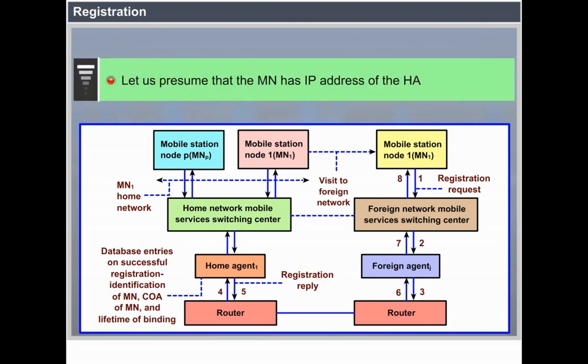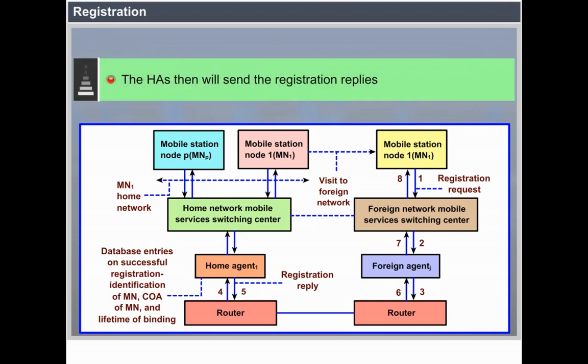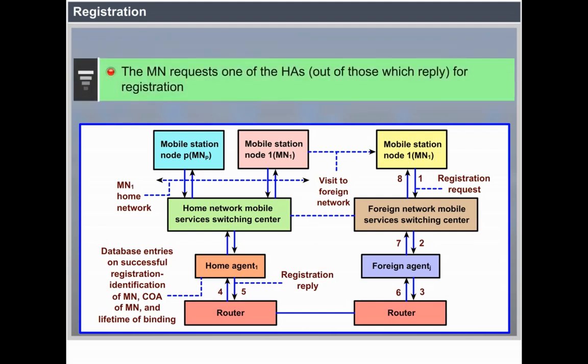Let us assume that the MN has the IP address of the HA. If not, then the MN broadcasts the registration request to a paging area. The HAs then send the registration replies. The MN requests one of the HAs out of those which reply for registration.